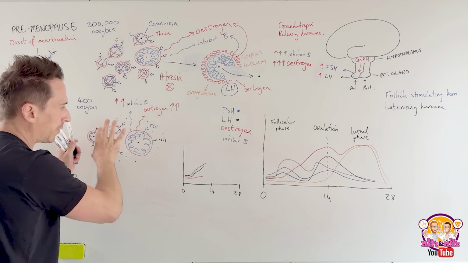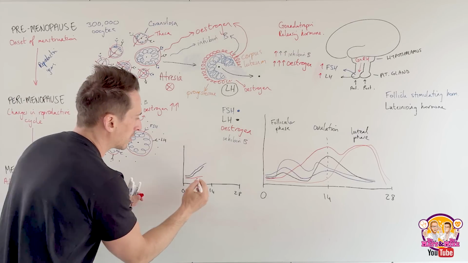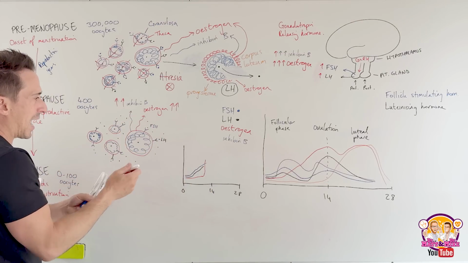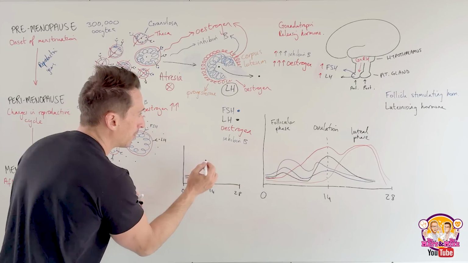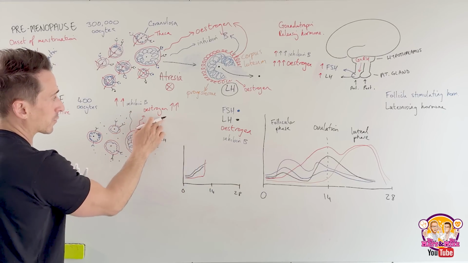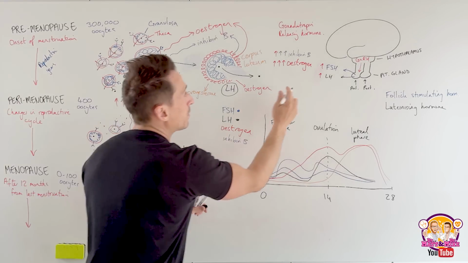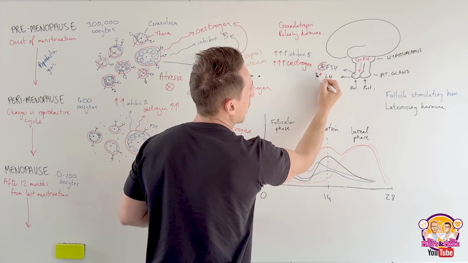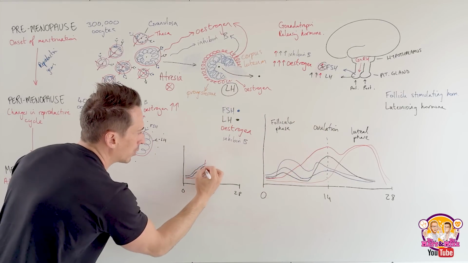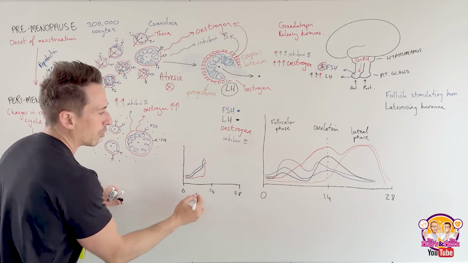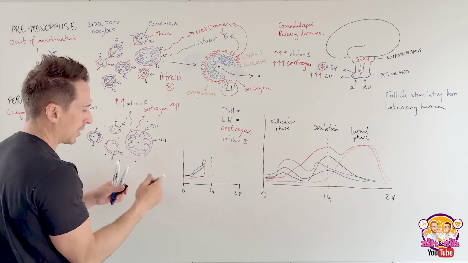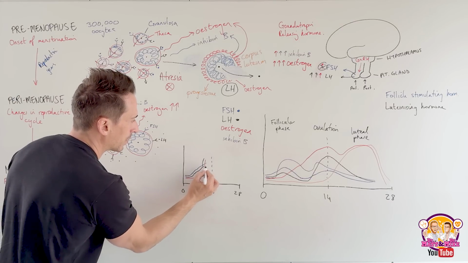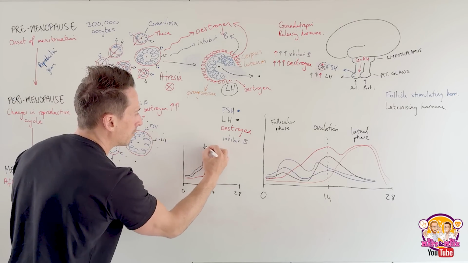That results in all of them getting selected, and then you get this boom in estrogen because they're all growing. Because estrogen levels have gone up heaps, so has inhibin, which then inhibits FSH, but we get a crazy spike in LH super early, right? Well before day 14. So ovulation doesn't happen at day 14, it happens earlier.